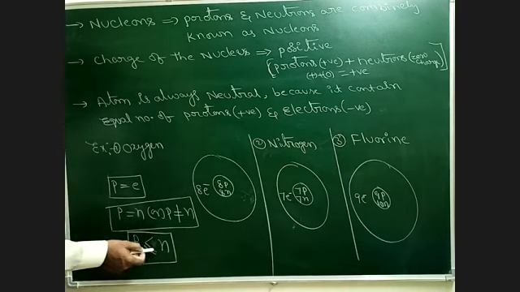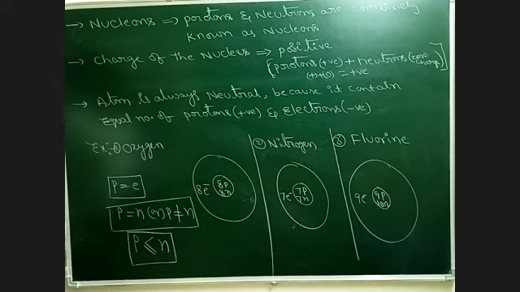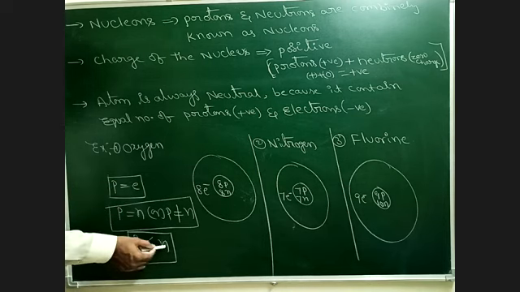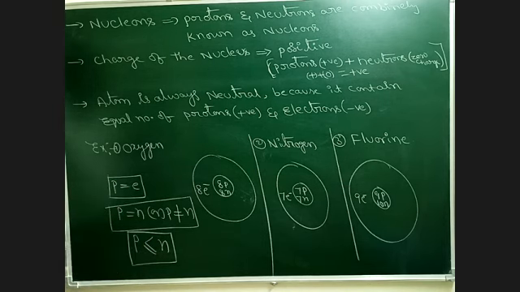In any atom, the number of protons is equal to electrons. Are protons equal to neutrons or less than? Less than or equal to neutrons. So in an atom, the number of protons and neutrons are same, or the number of neutrons is more than the number of protons. So this is all about protons, electrons, and neutrons.